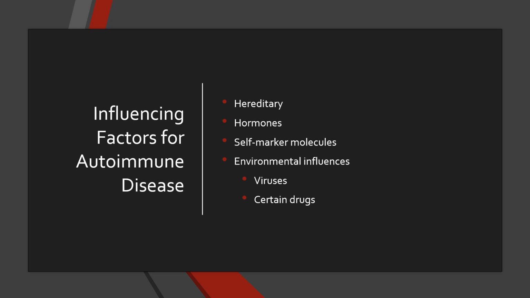Influencing factors for autoimmune diseases. So we are going to move into autoimmune disorders. These usually result from the immune system's malfunction. The body is manufacturing T cells and antibodies against its own cells and organs. So factors that might influence autoimmune disease include hereditary factors, hormones, self-marker molecules, and environmental influences such as viruses or certain drug categories.